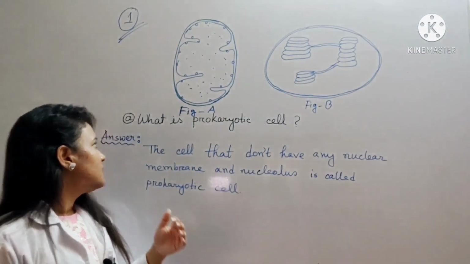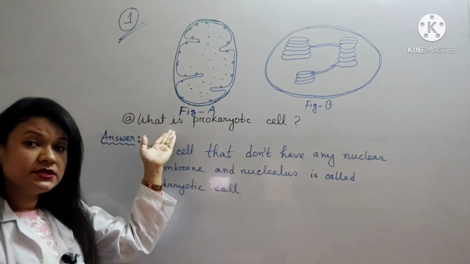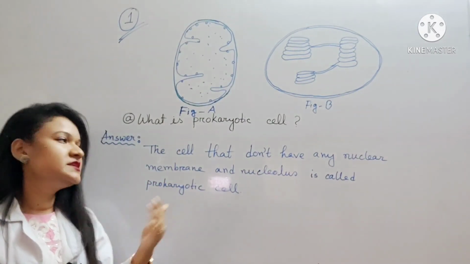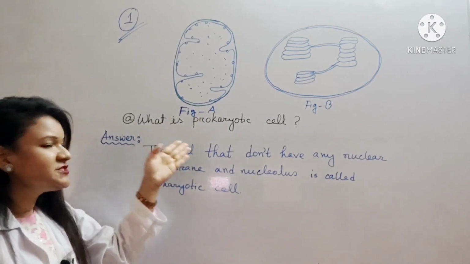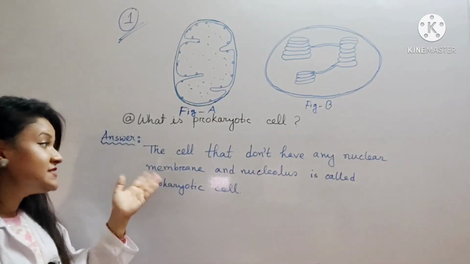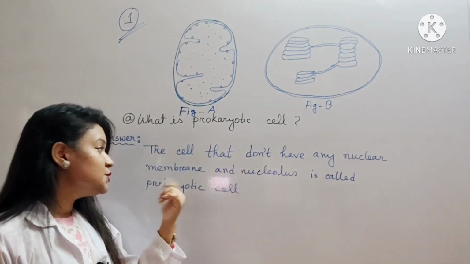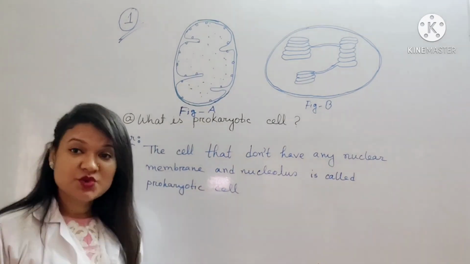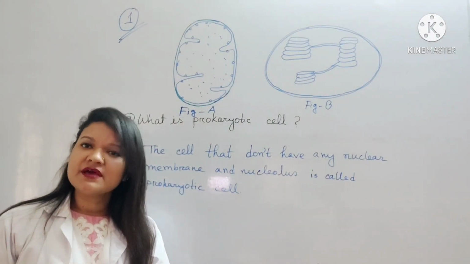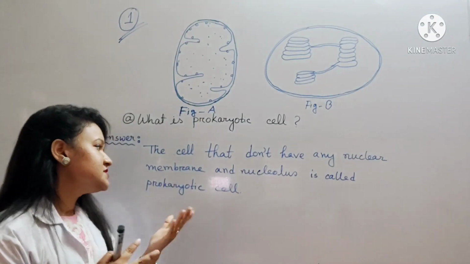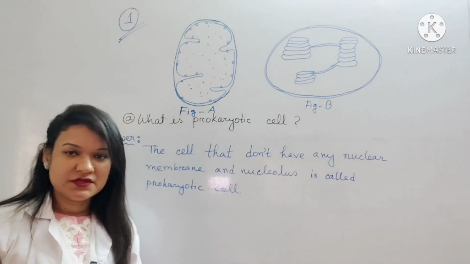So this is our knowledge based question. How will we write the answer to this question? What is a prokaryotic cell? The cell that doesn't have any nuclear membrane and nucleolus is called a prokaryotic cell. That means that the nucleus is not well developed.